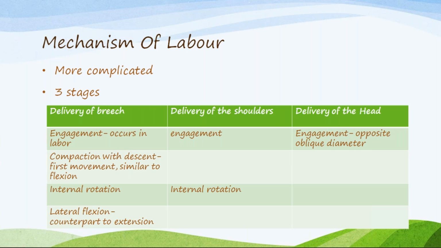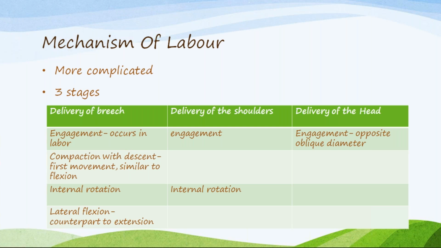But the difficulty is that the breech has to be delivered in three stages. In cephalic position, once the head is delivered, almost the rest of the baby will be delivered easily, except sometimes shoulder dystocia. But in breech delivery, the delivery takes place in three stages. First, delivery of the breech or buttock. Second, delivery of the shoulder.